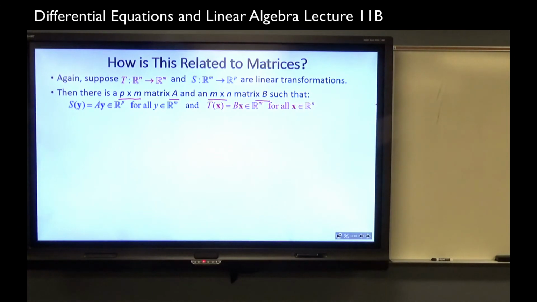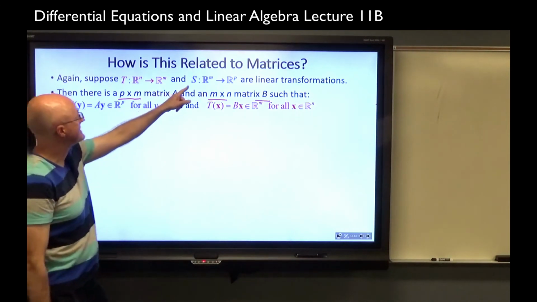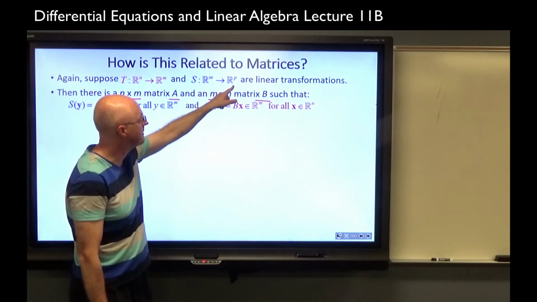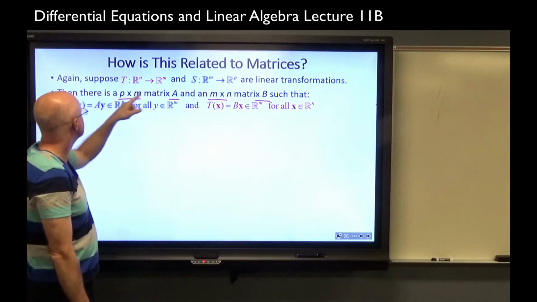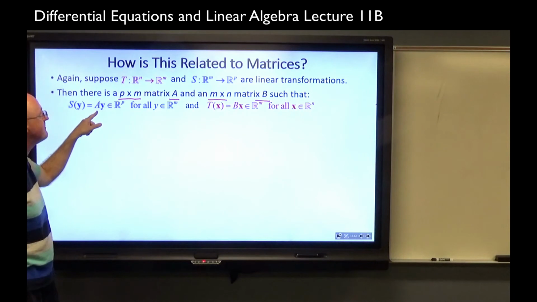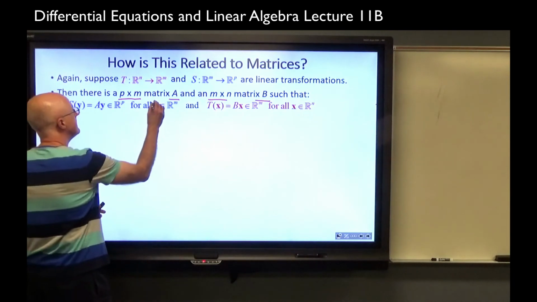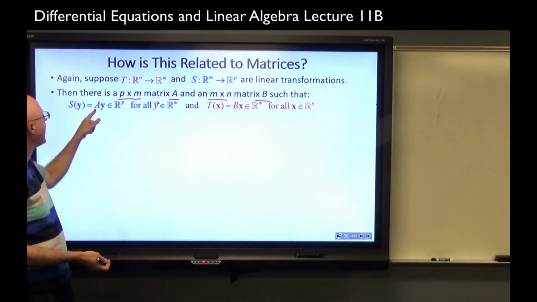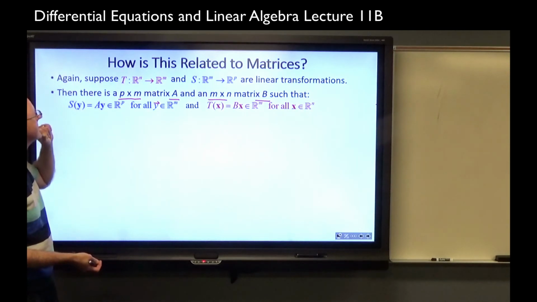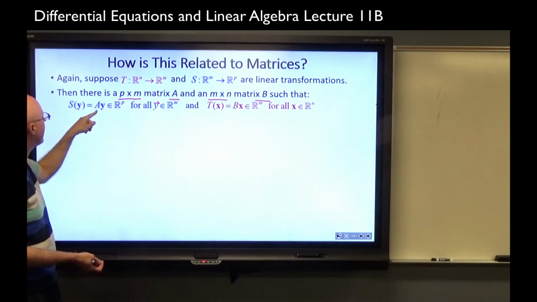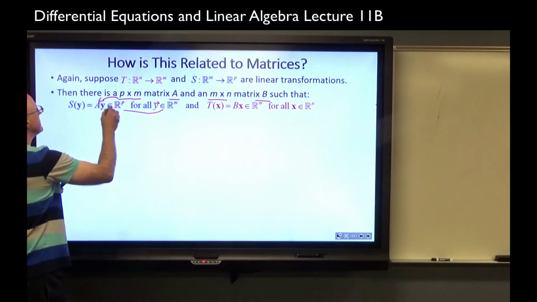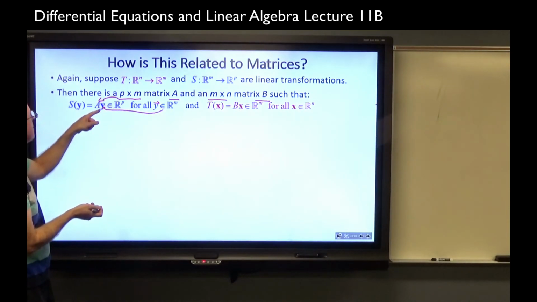Think about this carefully here. Let's go with S first. S goes from Rm to Rp. Inputs are M-dimensional and outputs are P-dimensional. So A better be P by M because y is M-dimensional. A is P by M. P by M times M by 1, you can multiply it.